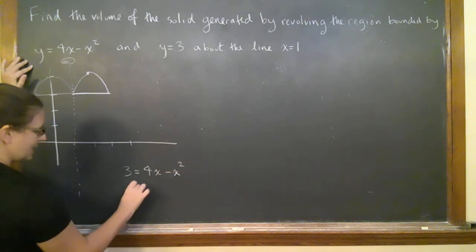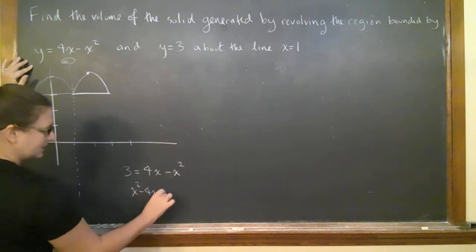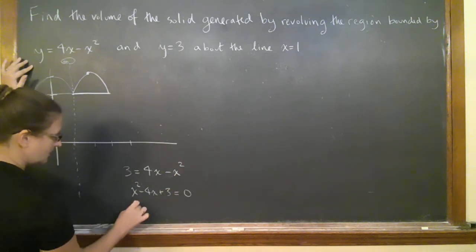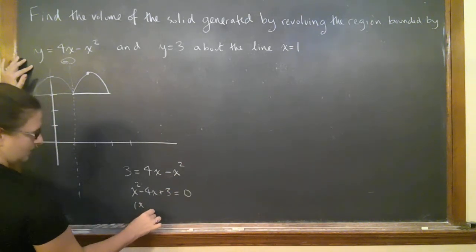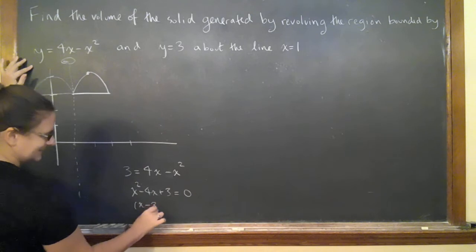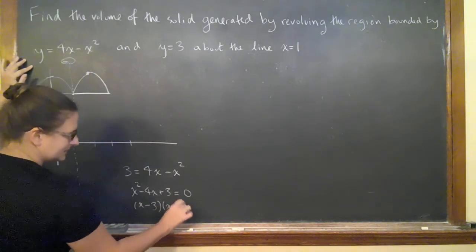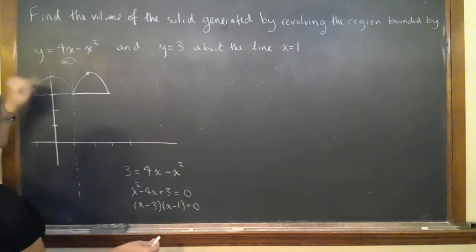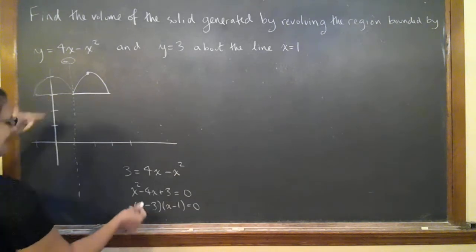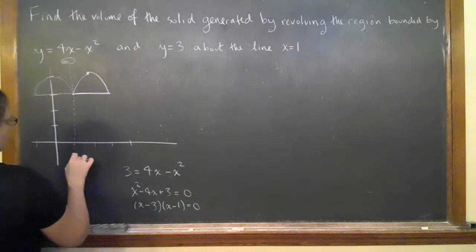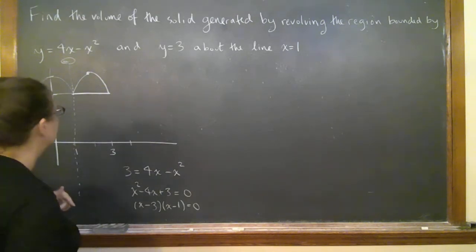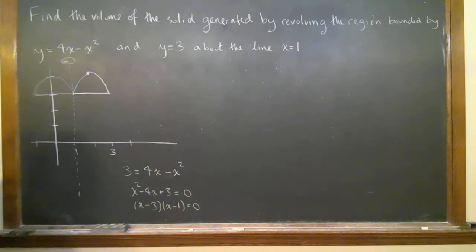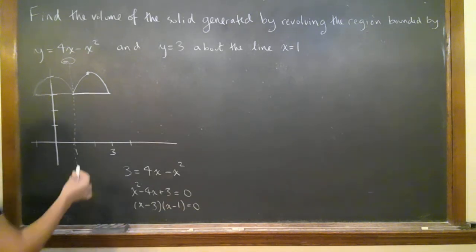I'm going to have x squared minus 4x plus 3 equals 0. So I can see I've got x minus 3 and x minus 1. So yes, the two curves do intersect exactly at 1, 3 and 3, 3. So that's my x.